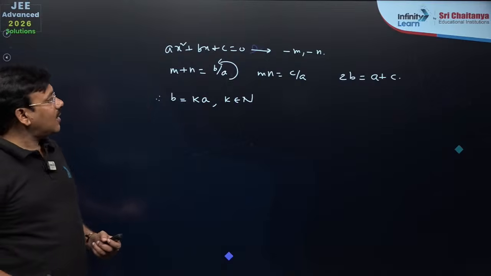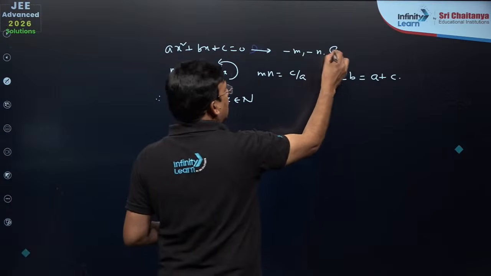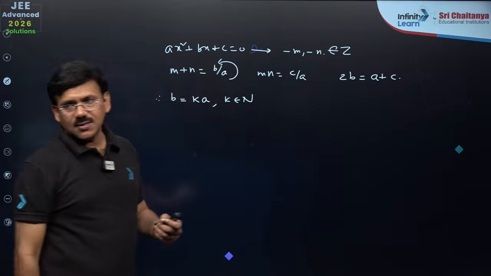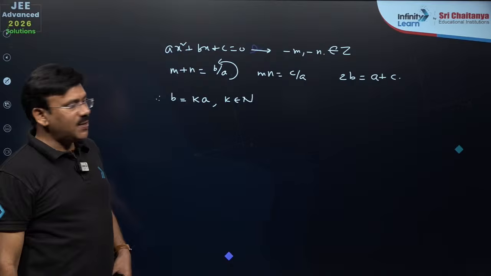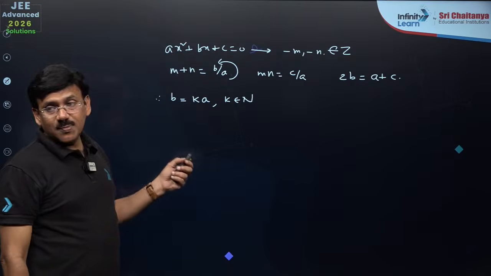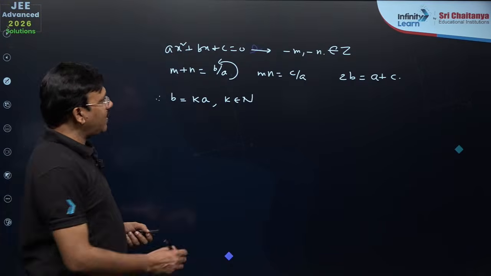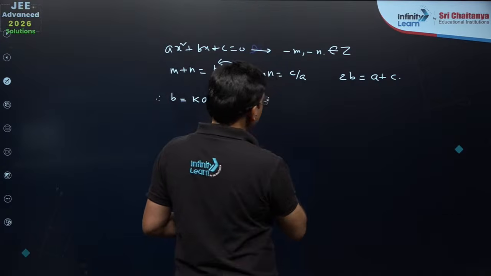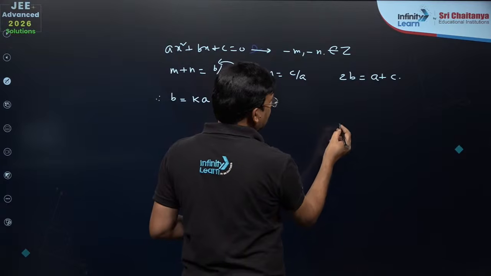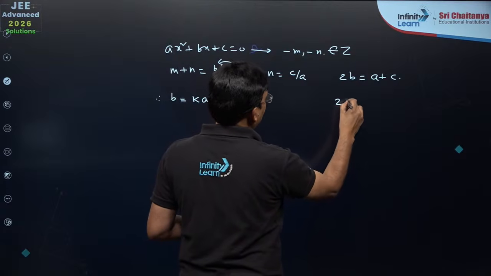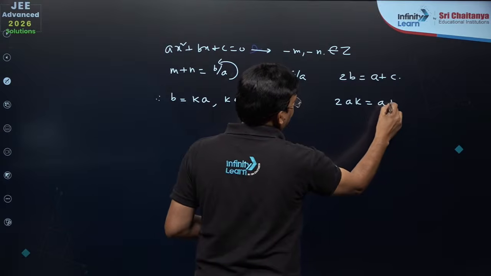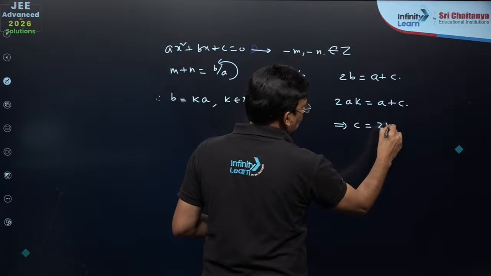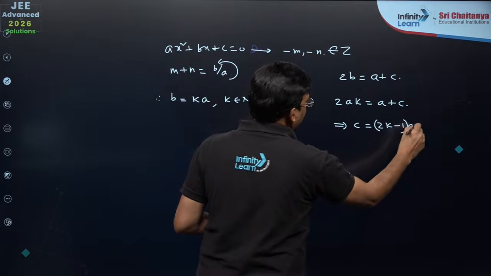Understand? m plus n must be b by a, so b must be divisible by a. If b is equal to ka, you can write 2 into ak is equal to a plus c, which gives c is nothing but (2k minus 1) into a.